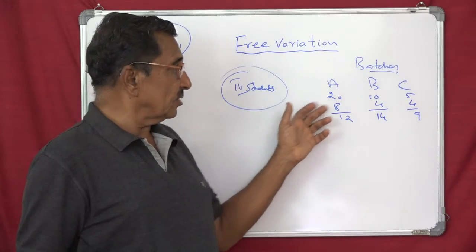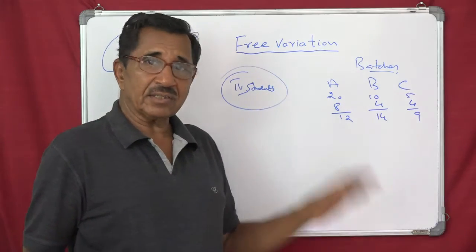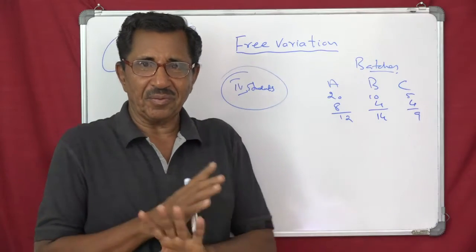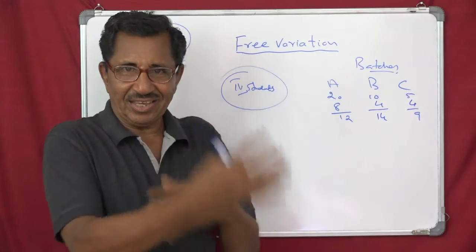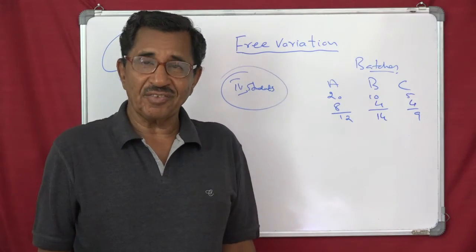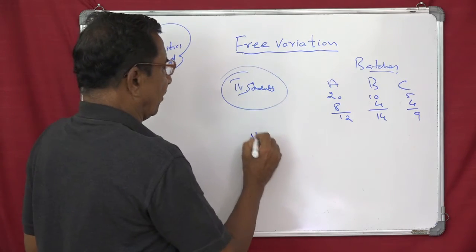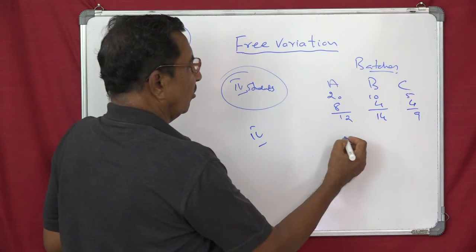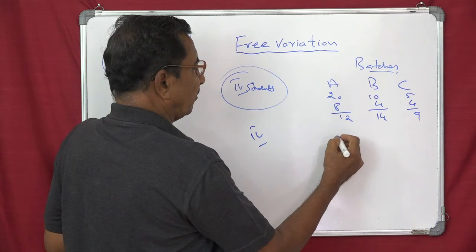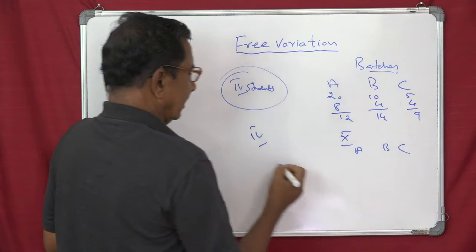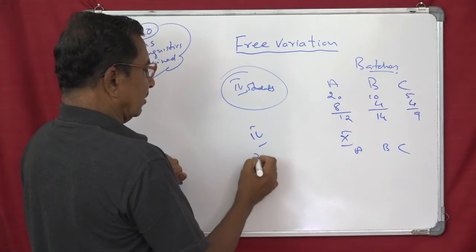Students of A batch and students of B batch or students of C batch, standard 4, can be changed without any problem. Can be exchanged, we can say. So that is called free variation. But on the other hand, suppose you have students of standard 4 and you are sending them to standard 10 A, B, C. Suppose there are 30 students.